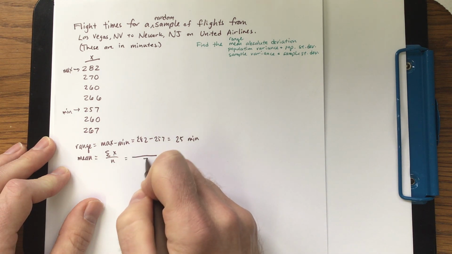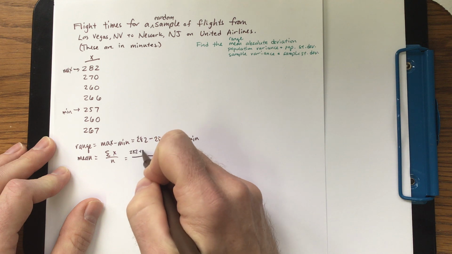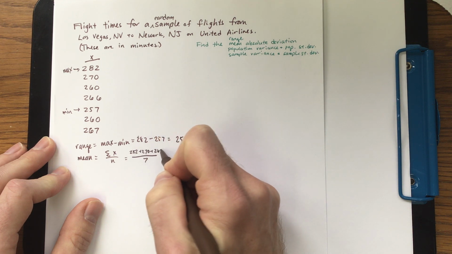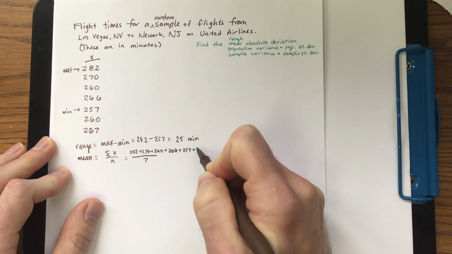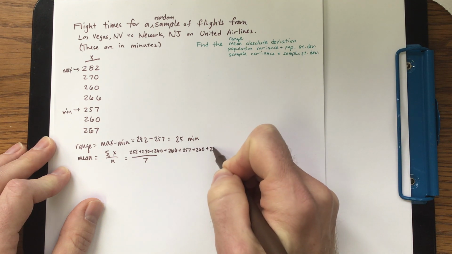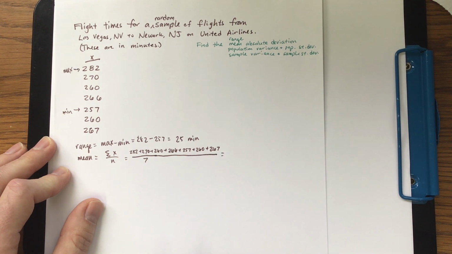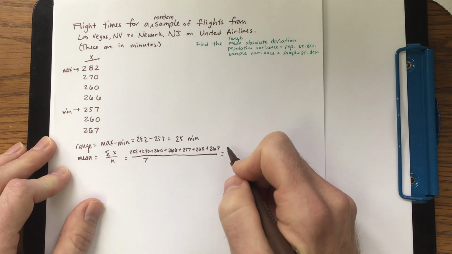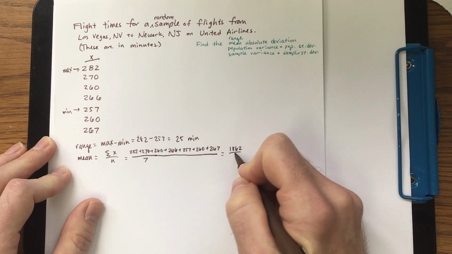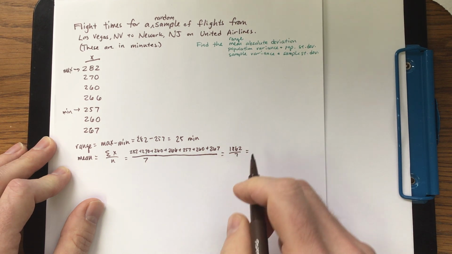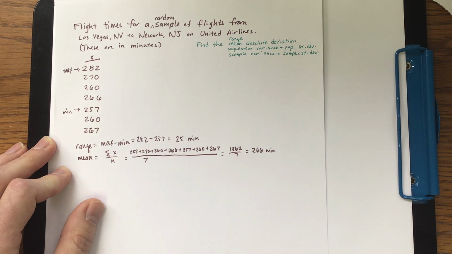Well, we have 7 data values, and I'm going to add up 282 plus 270 plus 260 plus 266 plus 257 plus 260 plus 267, add all 7 of those times up, and divide by 7. When I add all those times up, I get 1,862, and that number divided by 7 is 266 minutes.